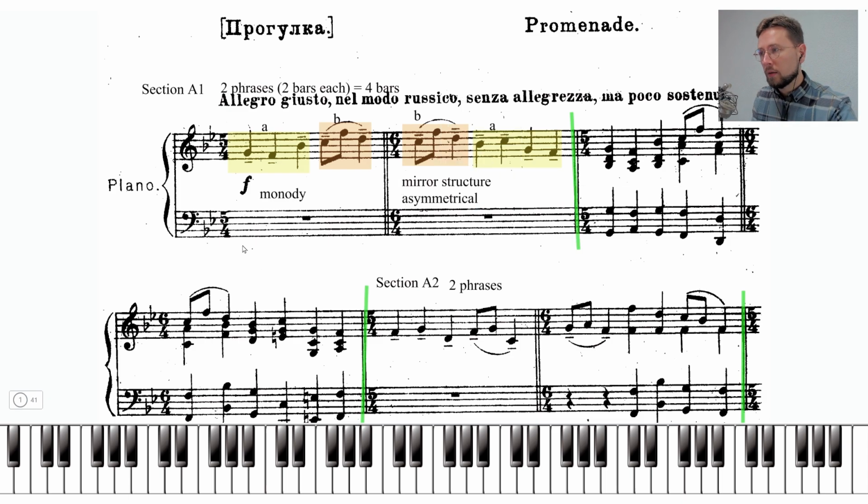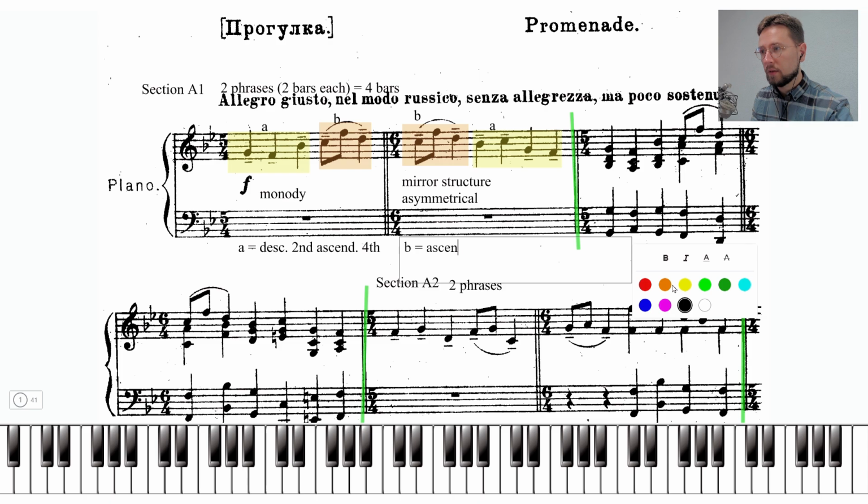Both A and B consist of fourth and second. So A is a descending second followed by an ascending fourth, whereas B is an ascending fourth followed by this descending third.